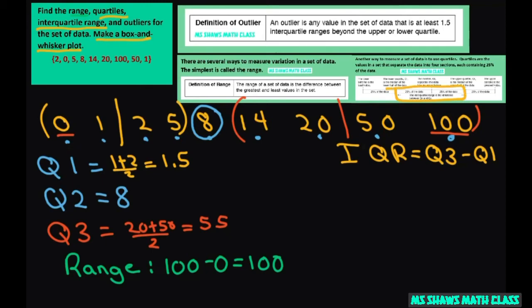So since we already wrote that down, we're just going to do quartile 3, which is 35, minus 1.5, which equals 33.5. So that's your interquartile range. Now we have to find the outliers. So let's draw the box and whisker plot first, and then find the outliers, if we have any.